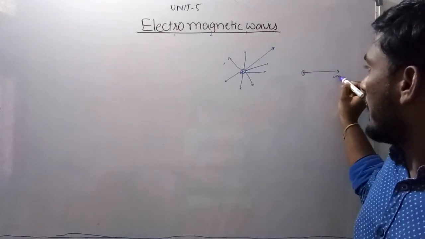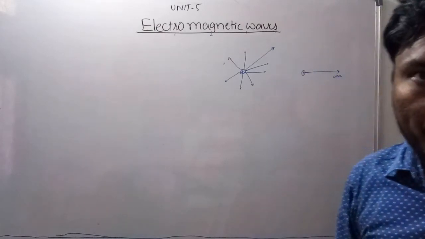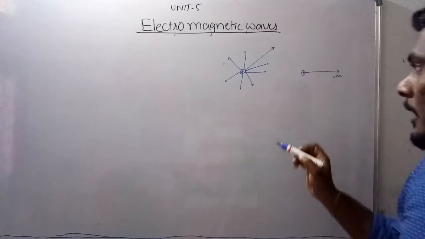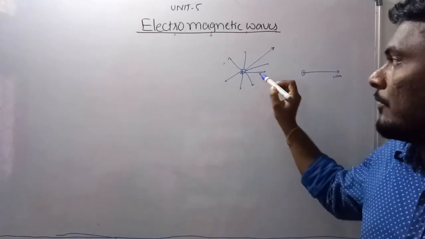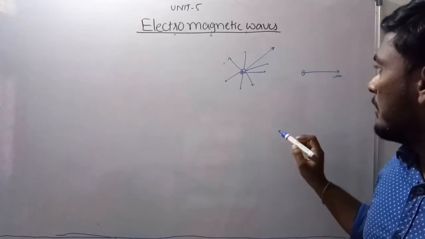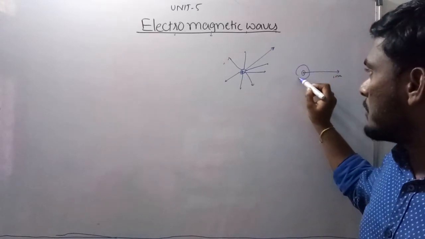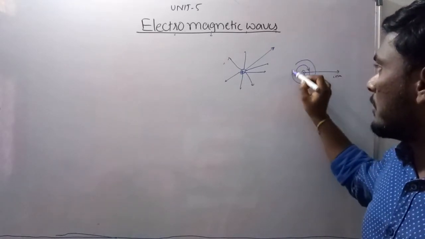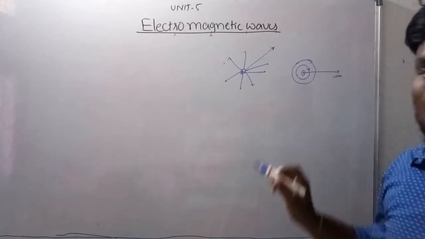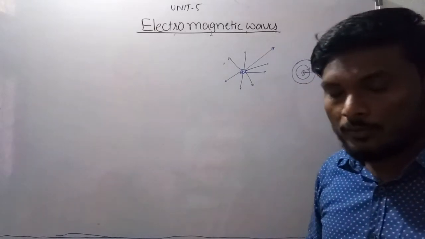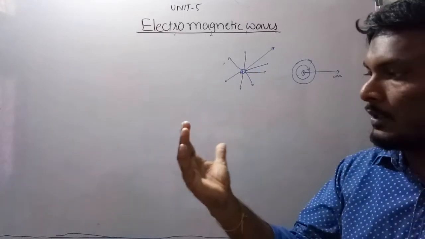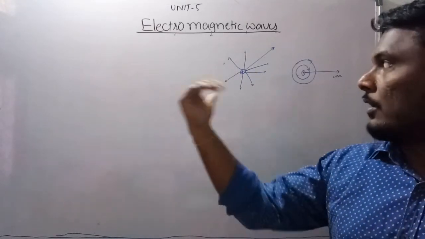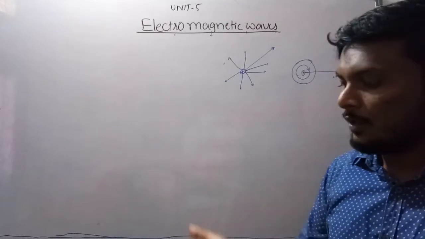So which field does a current carrying conductor produce? As per Oersted's experiment, a current carrying conductor produces a magnetic field, circular around the conductor, and its direction is determined with the help of the thumb rule: the thumb shows the direction of current and the curled fingers show the field direction.